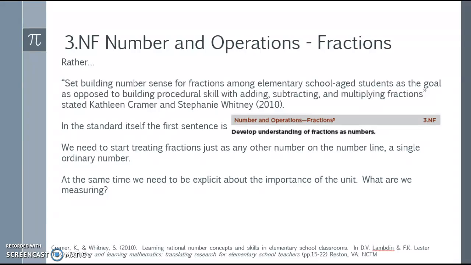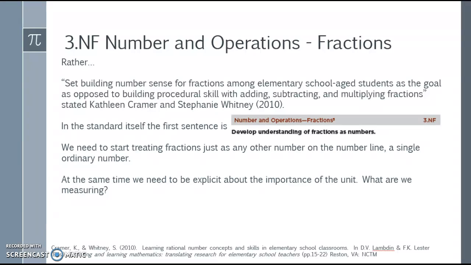Rather, according to Kathleen Kramer and Stephanie Whitney, they said, set building number sense for fractions among elementary school age students as the goal, as opposed to building procedural skills with adding, subtracting, and multiplying fractions.